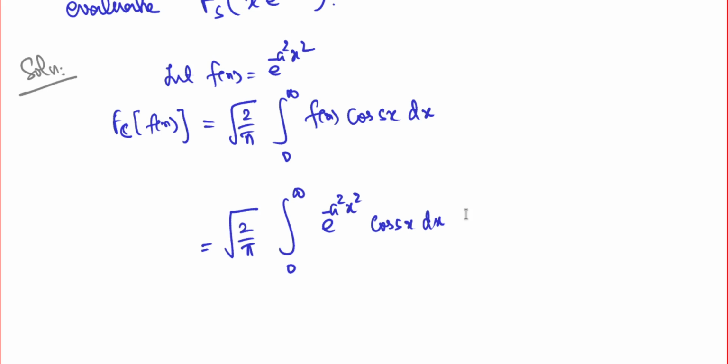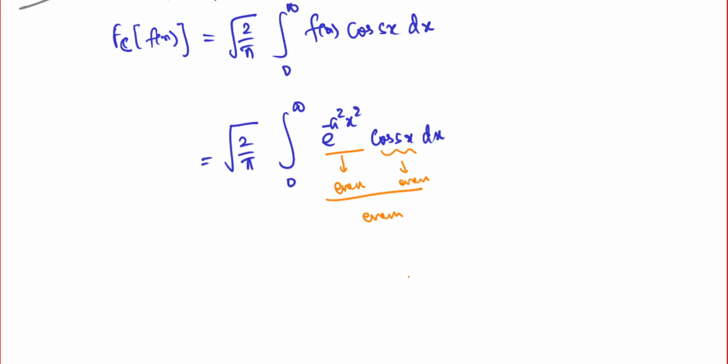Now how are we going to handle this? First, I'm going to identify this function here. I'm going to change this integral to minus infinity to plus infinity because I know the well-known formula in that process. e to the power minus a square x square is an even function, and cos sx is also an even function, and hence together it's an even function.